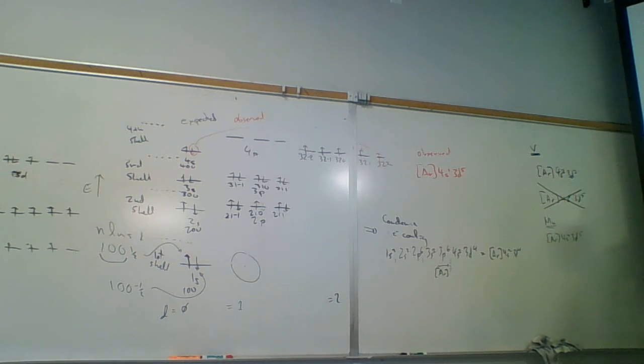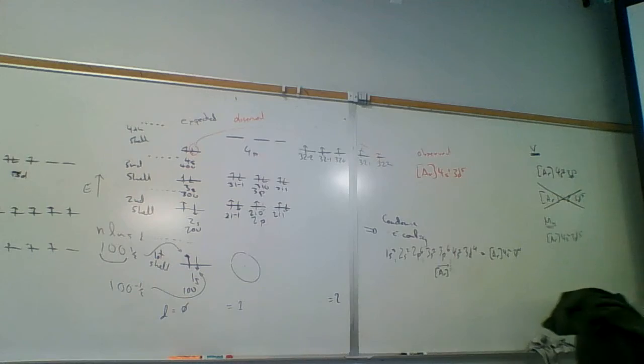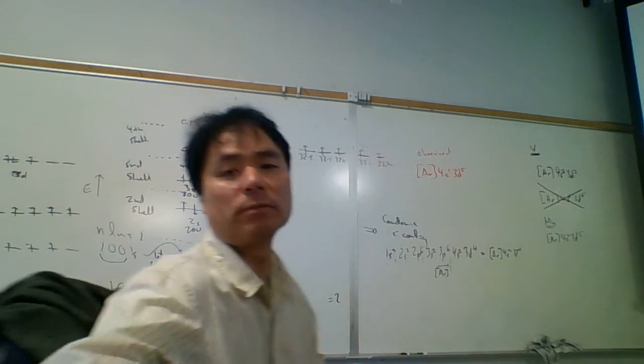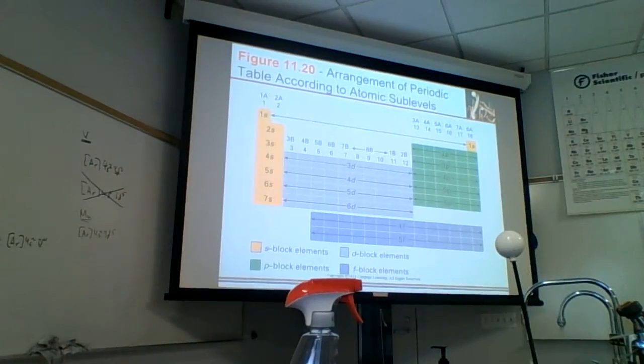Fifth shell, 5s, 4d, 5p. Sixth shell is tricky. The sixth shell is going to be 6s, and then there's a gap here because they didn't want to spread this out and insert this. It's going to be 6s, 4f, 5d, 6p, the sixth shell. We go from there. So we get that from the periodic table.